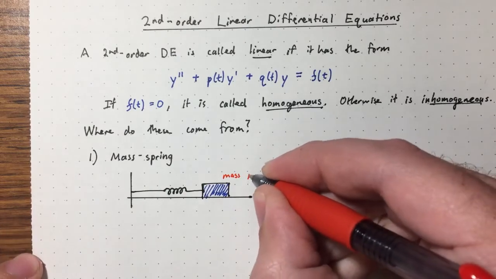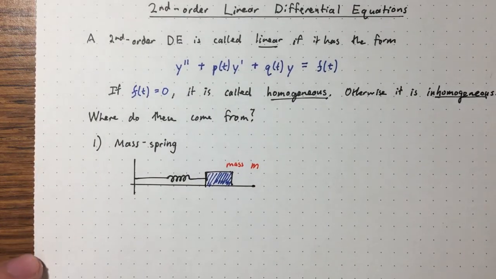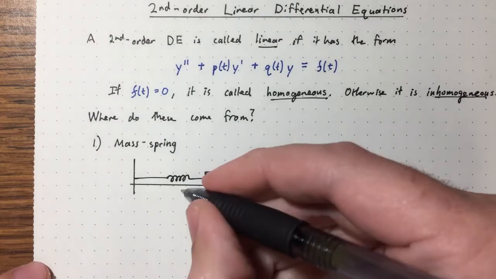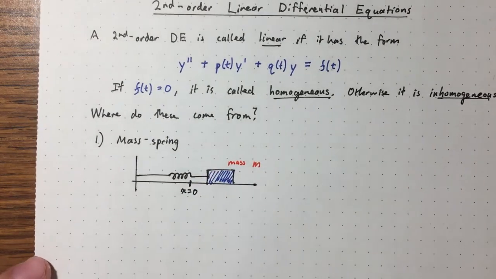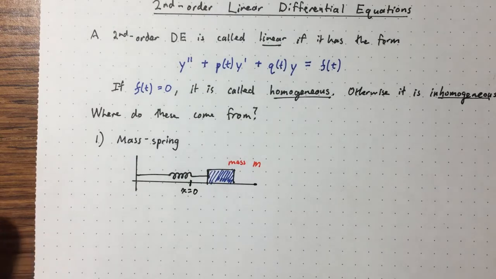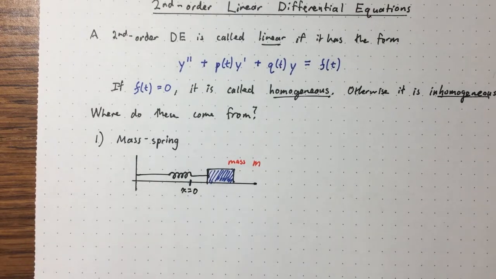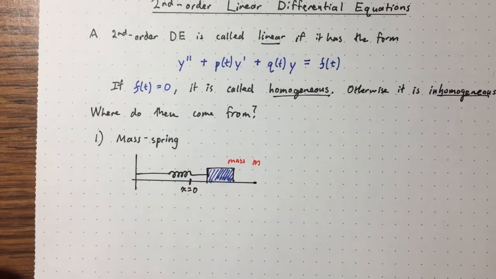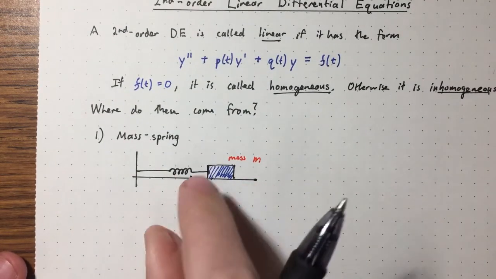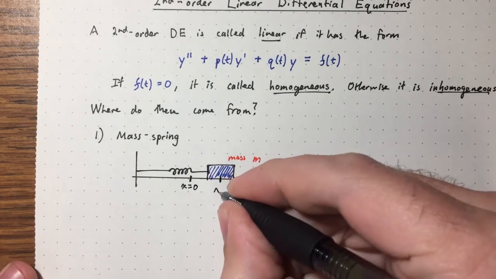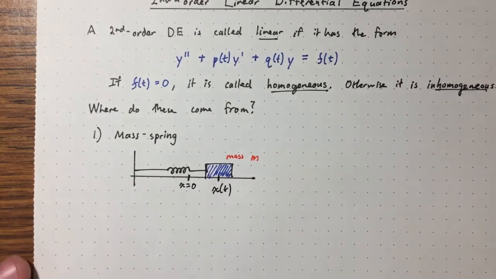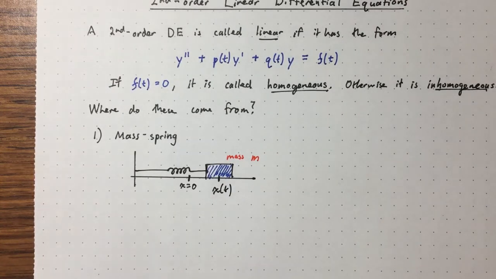Let's say the mass is m. And we had maybe an initial position, or not an initial position, sorry, the equilibrium position. So this would be where the block would just sit there and do nothing. So in this situation, it looks like we stretched the spring a bit. And then the position of the block, well, that was the function we wanted to study. So let's call that x of t.